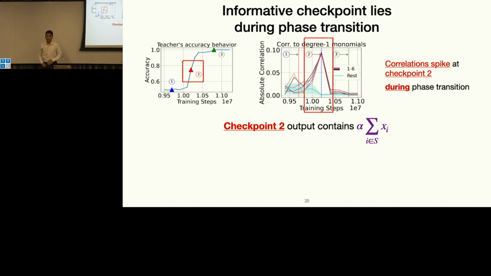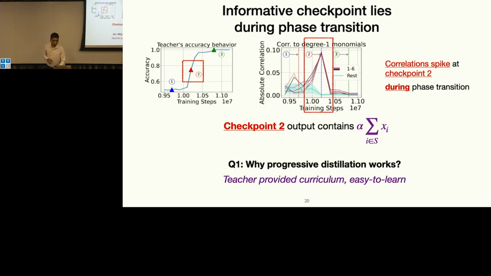That implies checkpoint 2 contains an additional linear function on the support coordinates. So what we claim is that progressive distillation works because checkpoint 2 contains a simple to learn linear function on the support coordinates, which helps the student learn the identity of the support coordinates faster. This is what we call an easy to learn curriculum that the model can provide through its intermediate checkpoints.